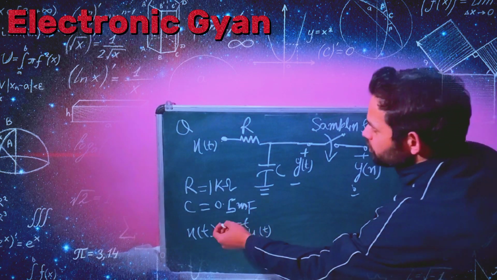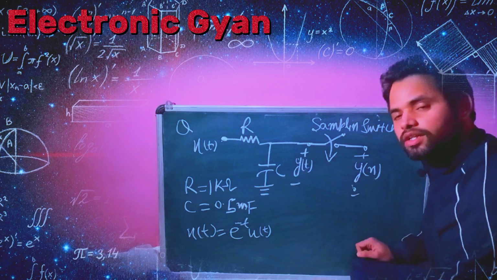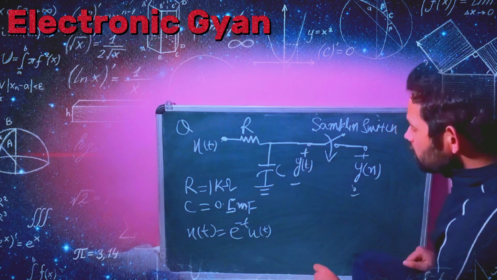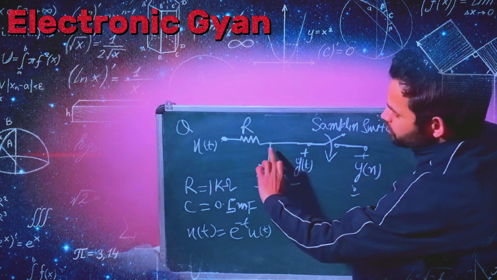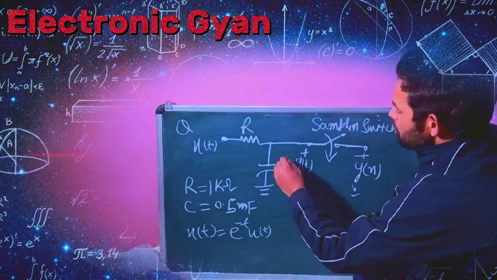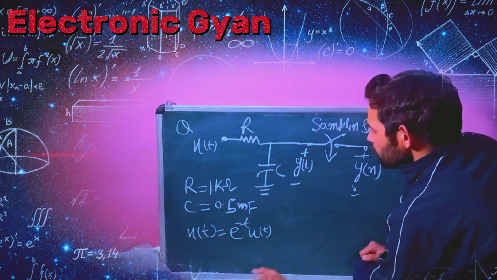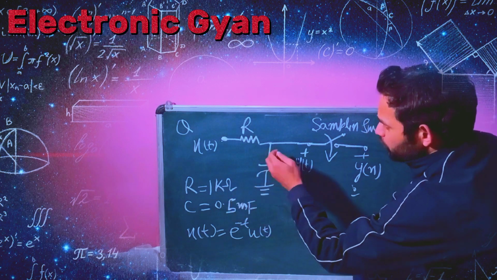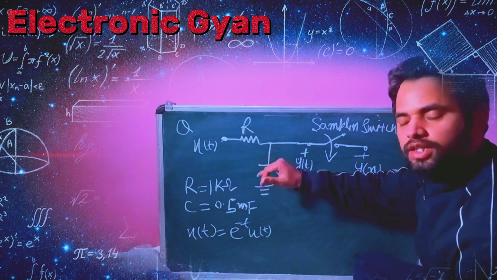First, this is an RC low pass filter. How can we get this y of t? Let us apply the voltage division rule across the capacitance in the S domain.